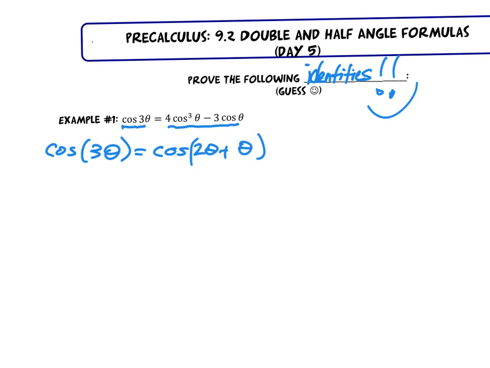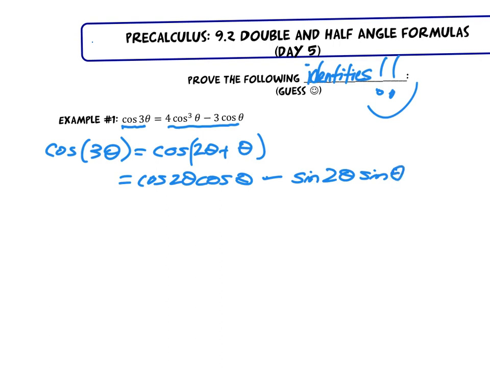And we know that this is the addition formula for cosine, which will be cos cos minus sine sine. So let's write that out. Cosine 2 theta cosine theta, and then it's minus sine 2 theta sine theta.